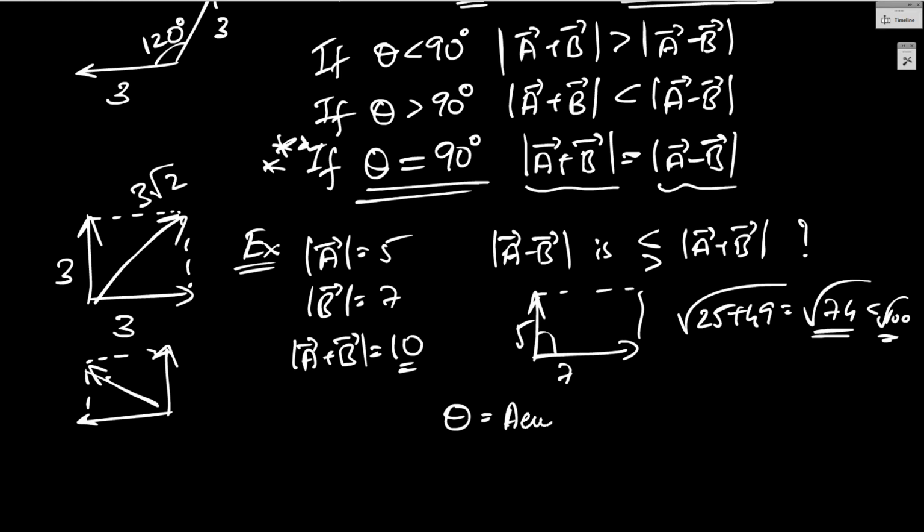Can you see that? Our answer is more than root 74, which you get for 90 degrees. Therefore, clearly, our resultant has increased. That means our angle must have been smaller than 90 degrees. So theta is acute. Since theta is acute, we know for sure A minus B is going to be smaller than A plus B.